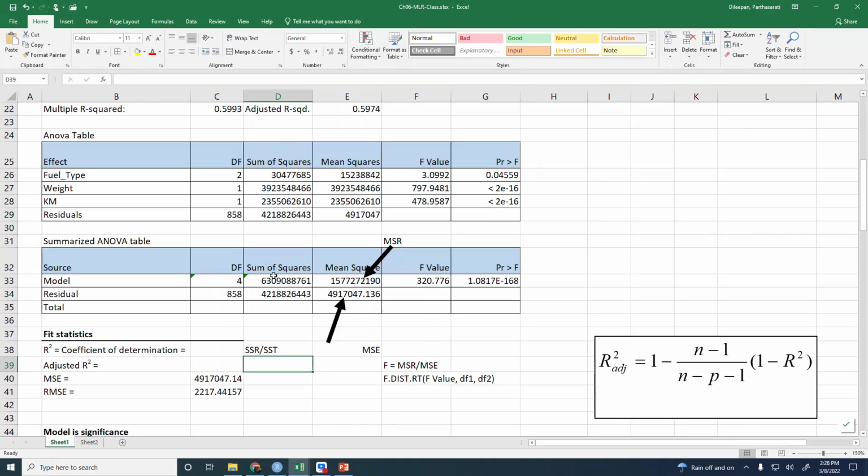So this is our SSR, the sum of squares of regression. And SST is the total. So we need to find the total here. The total degrees of freedom is that, and the total is here.